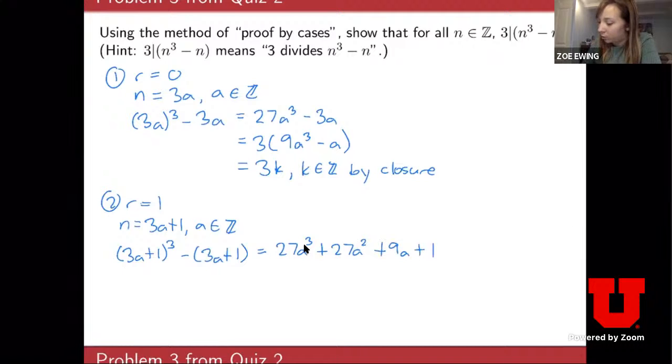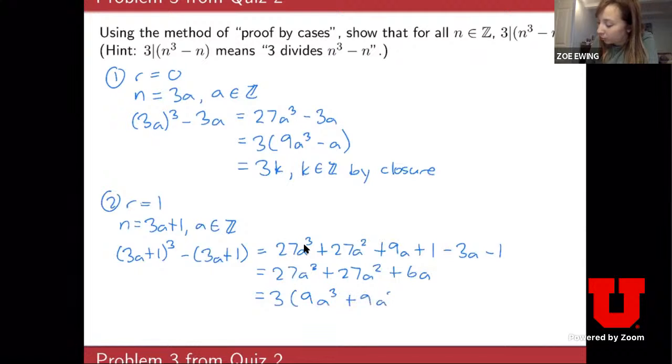And then we have to subtract 3a plus 1. So that leaves us with 27a cubed plus 27a squared plus 6a. And again, we can factor out a 3. We get 3 times 9a cubed plus 9a squared plus 2a. And we can use closure.